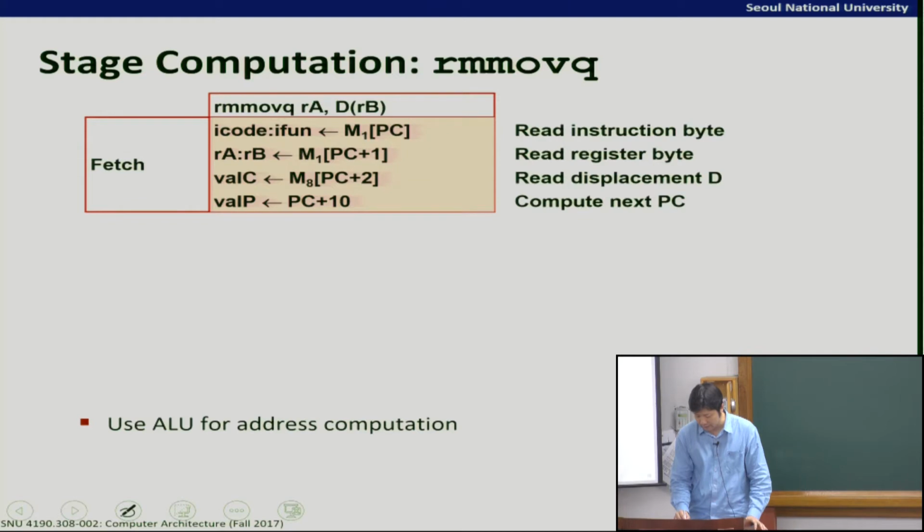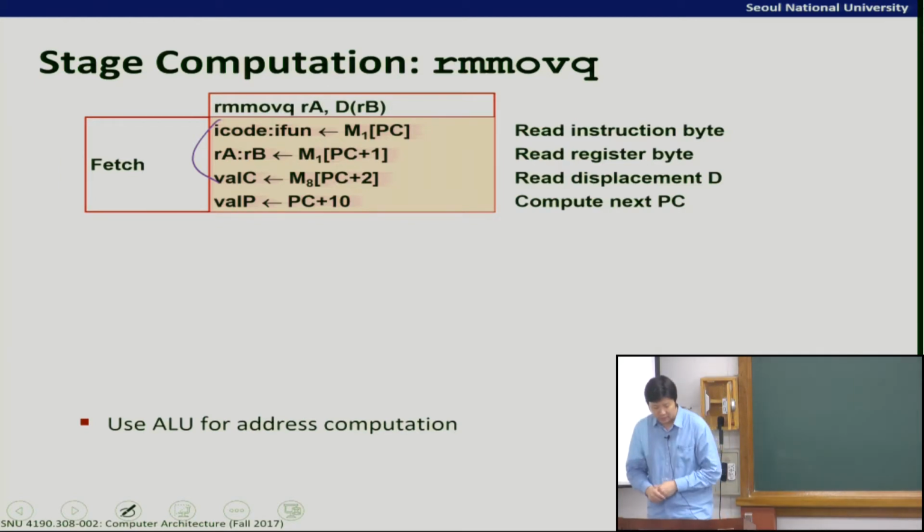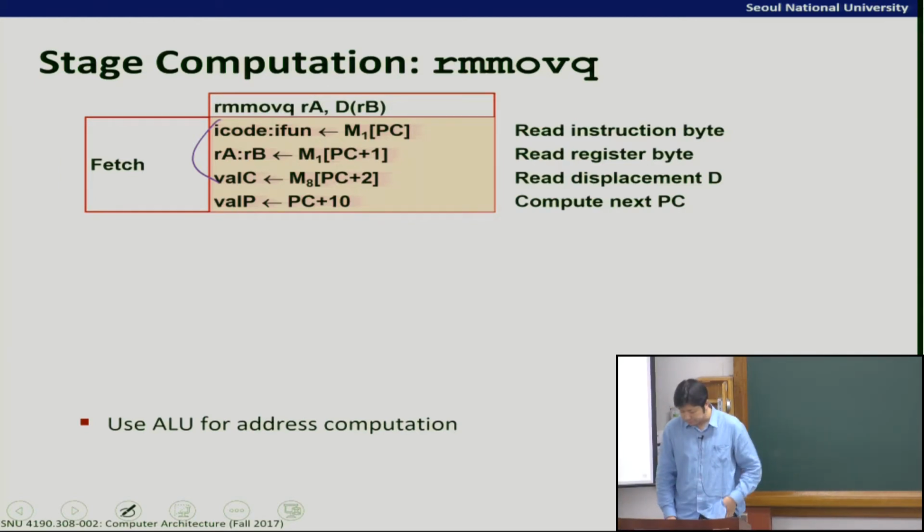You basically read 10 bytes and extract those fields from them. Also, ValP is computing the next PC. In this case, the next location is PC plus 10.